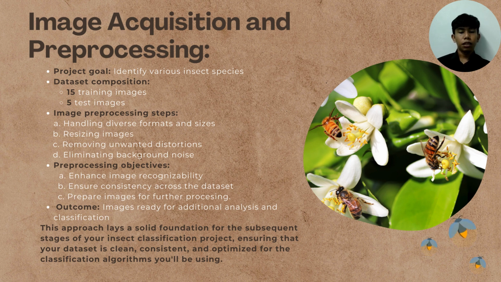Next, the pre-processing objectives: enhance the image recognizability, ensure consistency across the dataset, and prepare images for the next processing. The outcome is images ready for additional analysis and classification. This approach lays a solid foundation for the subsequent stages of our insect classification project, ensuring that the dataset is clean, consistent, and optimized for the classification algorithm we'll be using.